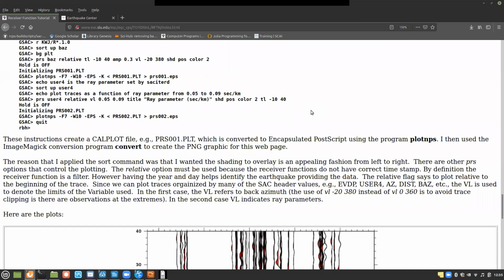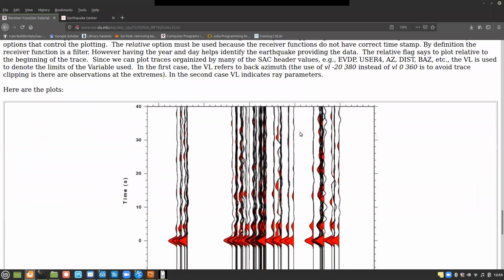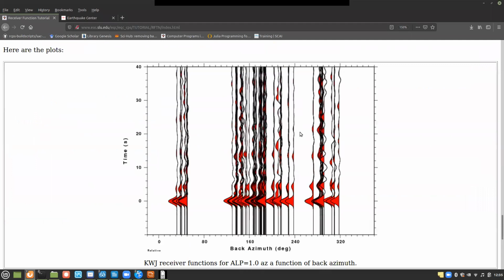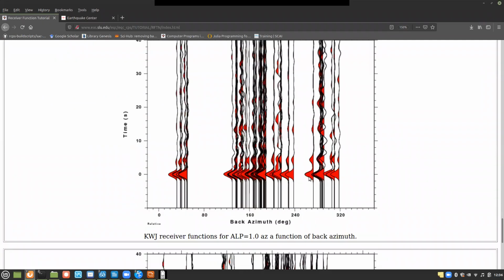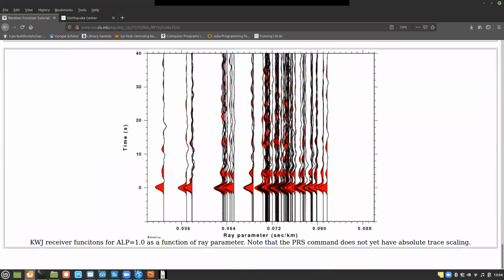Once you do it for a lot of data from different back azimuths, you can have a plot like this, and it gives you an idea of where there are interfaces. You can use just this raw data to make some initial assessment of your interfaces, but you cannot tell about the velocities.